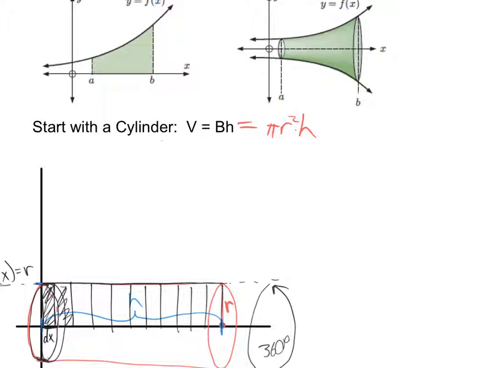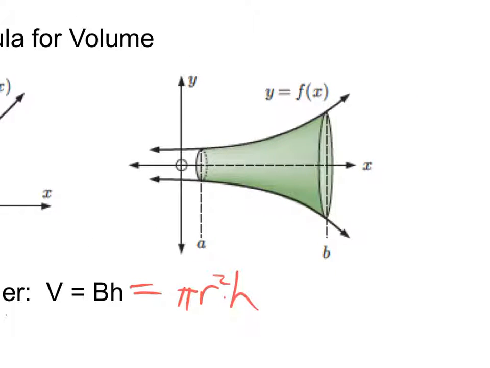You'll notice, let me zoom in here real quick. You'll notice right here, the radius is whatever f of a is. That's our radius at that moment. Over here though, let's say that this is the point c on the x-axis.